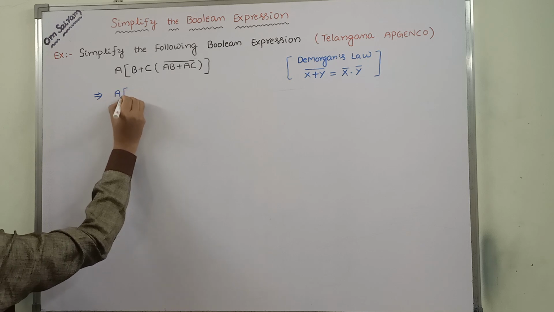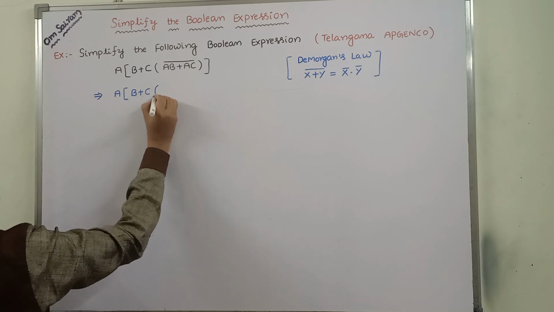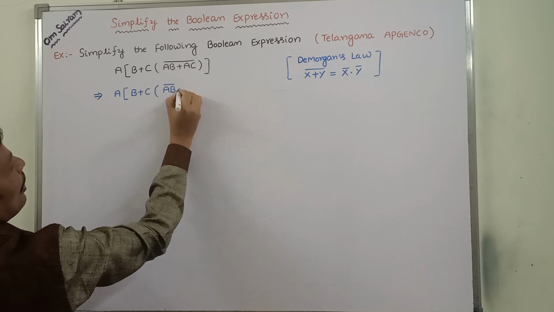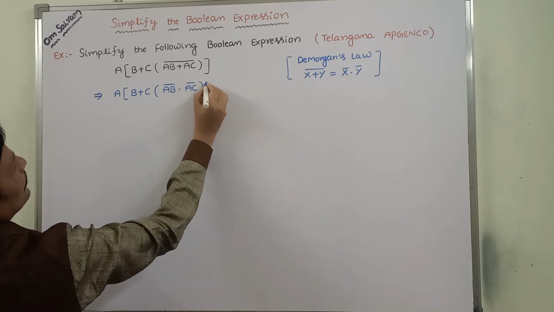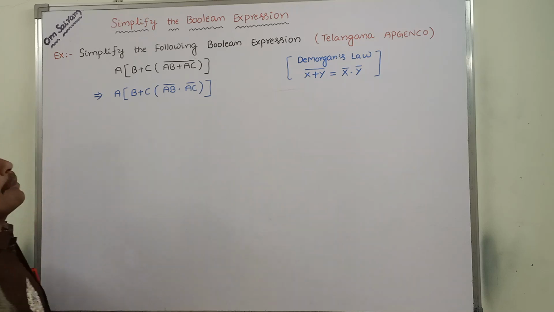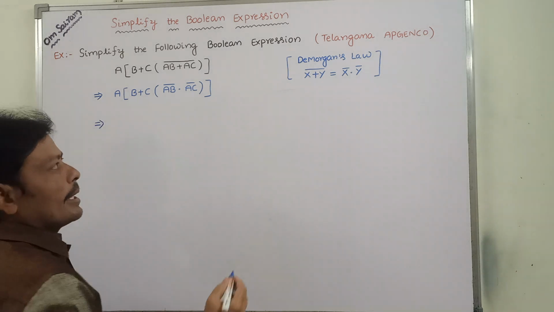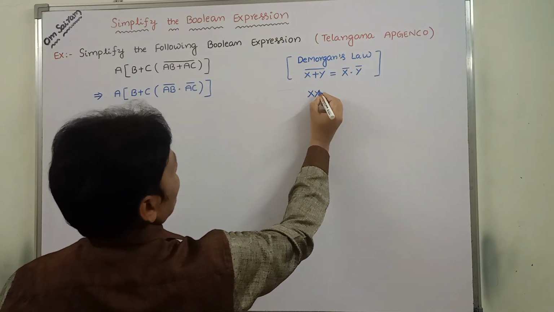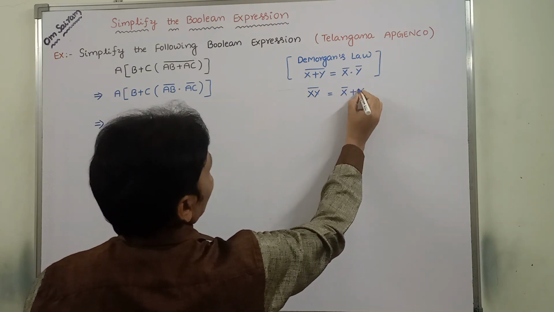Now the given expression becomes AB whole bar into AC whole bar according to De Morgan's law. Okay, next one. Another De Morgan's law is there, that is XY whole bar is equal to X bar plus Y bar.